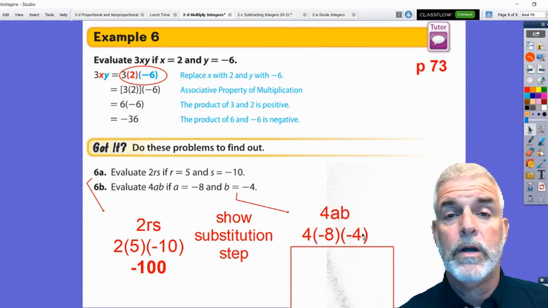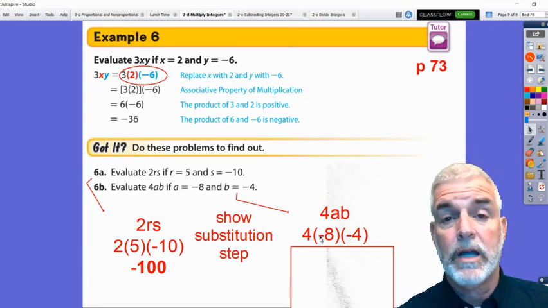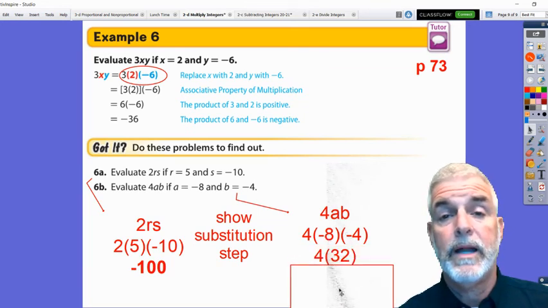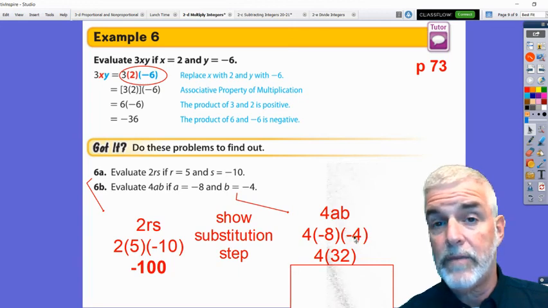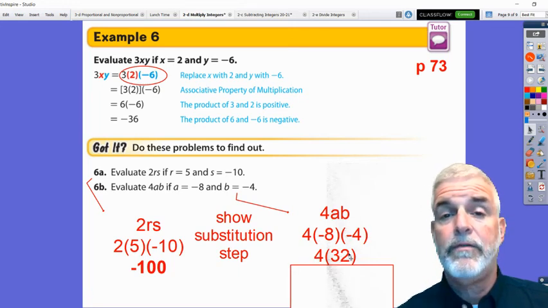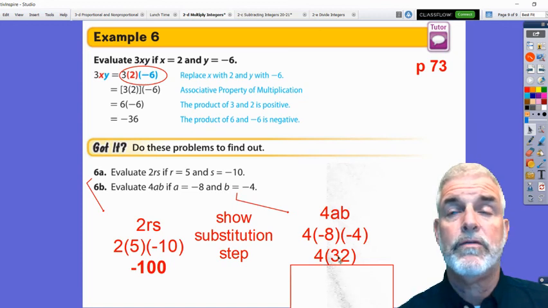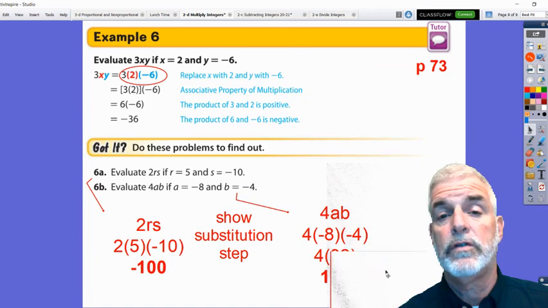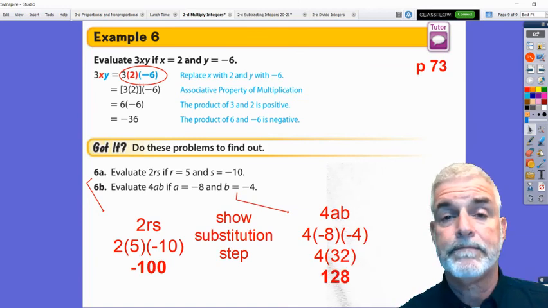Okay, now what order do you want to do this multiplication in? Doesn't really matter, I guess. I can do 32 times 4, or I can do 16 times 8. I did -8 times -4 to get rid of the negatives, because negative times negative is positive. And then 4 times 32, that's 4 times 30, 120, plus 4 times 2 is 8, so 128.